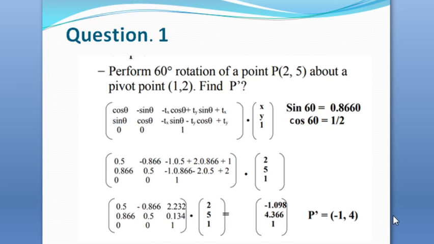This is the answer, minus 1, 4. Can you understand? If the pivot point is 0, 0, we directly use the rotation matrix. But here the pivot point 1, 2 is given. Therefore, we can use this formula.